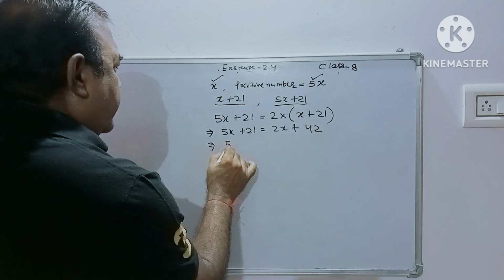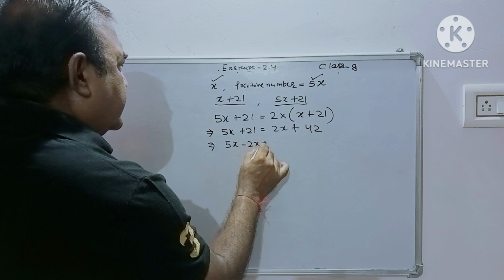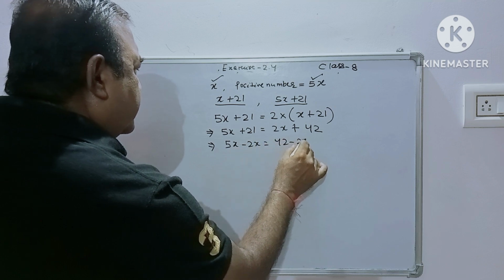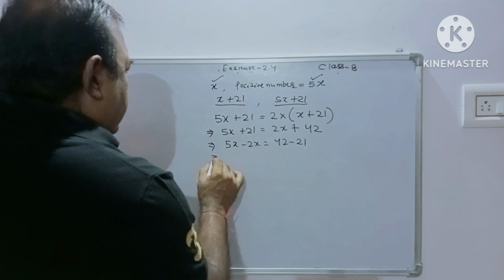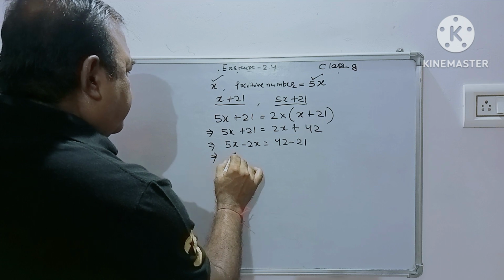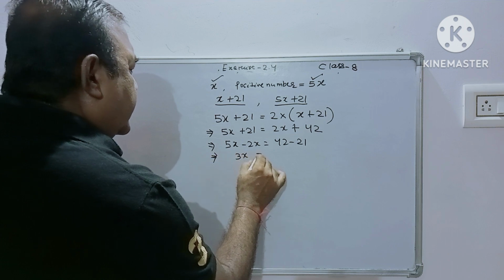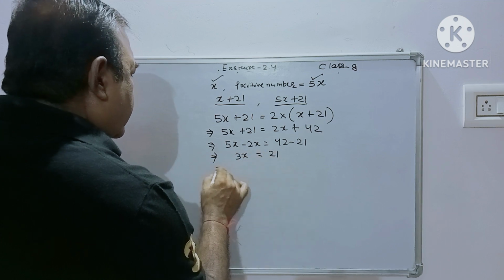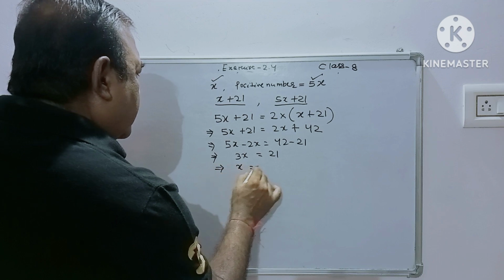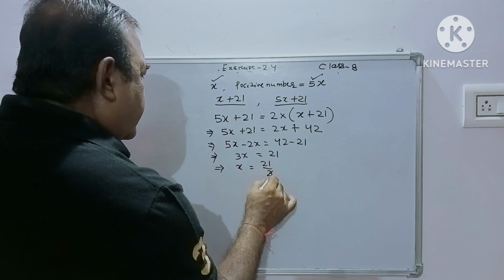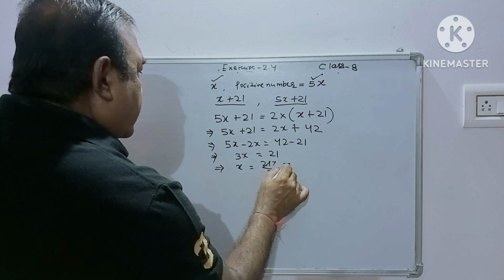That implies 5x minus 2x is equal to 42 minus 21. That implies 3x is equal to 21. That implies x is equal to 21 upon 3, that is equal to 7.